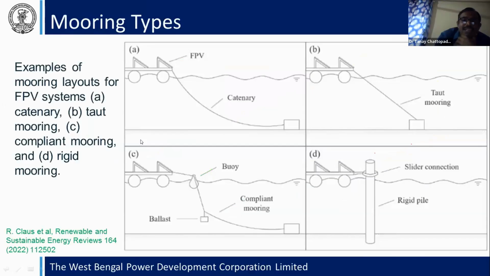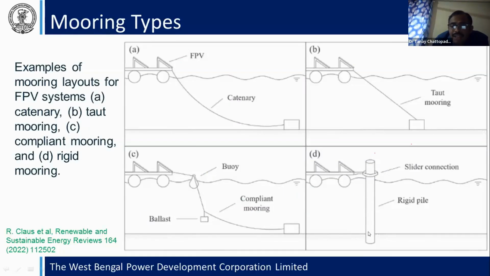And this is what type of mooring system you can use. There are four types of mooring system we can use: a catenary system, taut mooring, compliant mooring, and rigid piles or rigid moorings.